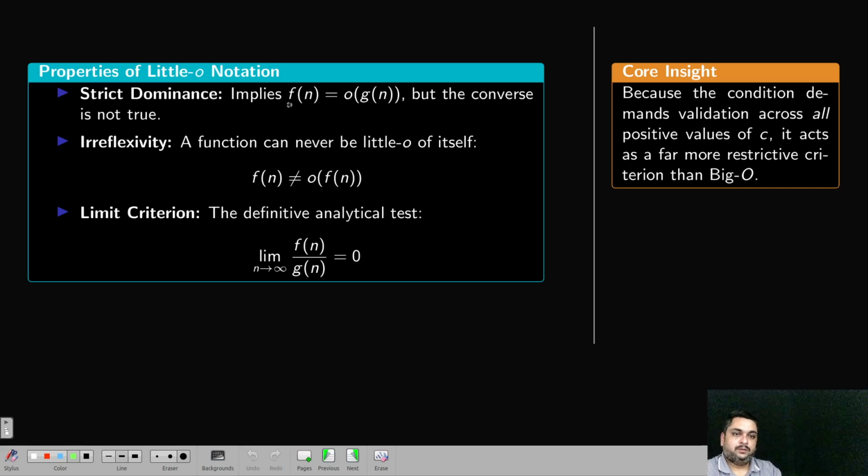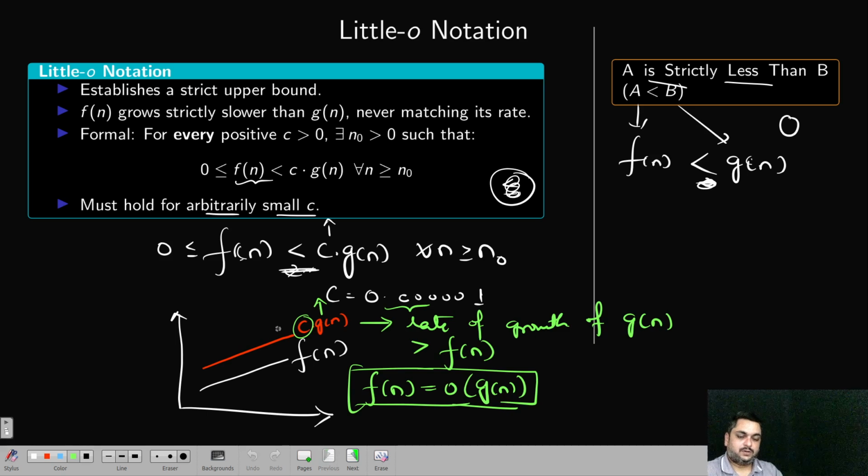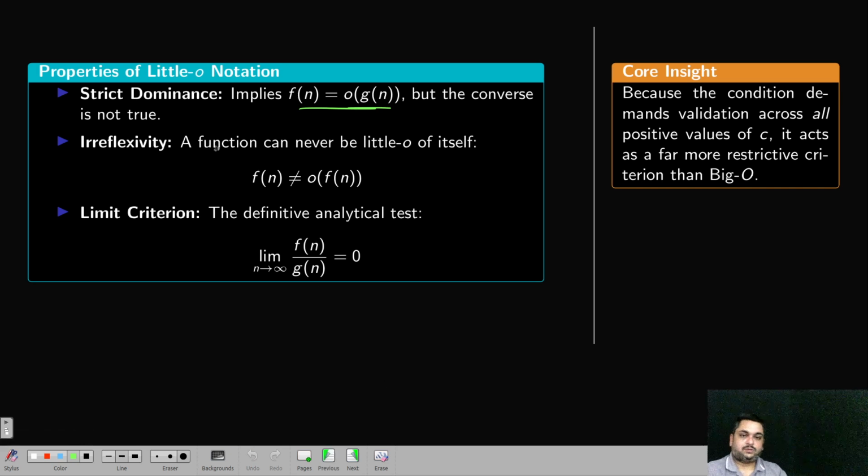If it is strictly less than only, then I can have little o of g of n. But the converse is not true. Why? Because I was saying strictly less than, so g of n cannot be equal to small o of f of n because it is below this. Converse is not true. Similarly, reflexivity is not true. In big O, I can write f of n is equal to big O of f of n, and that is valid for big O. For little o, it is not valid because it is strictly less.